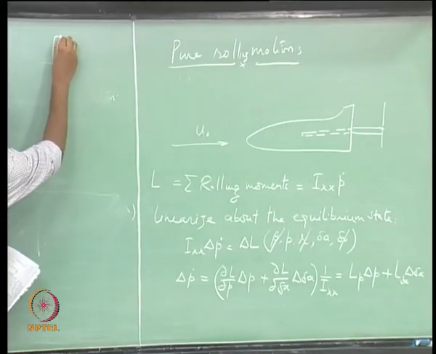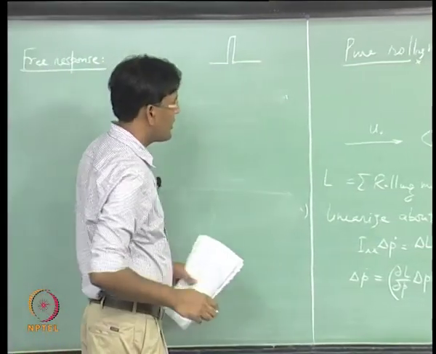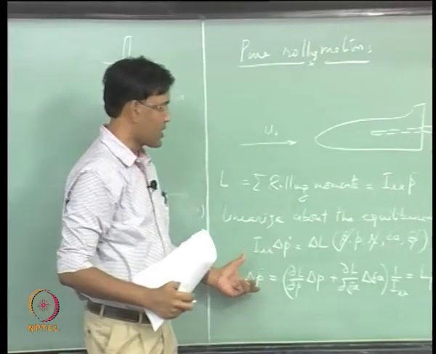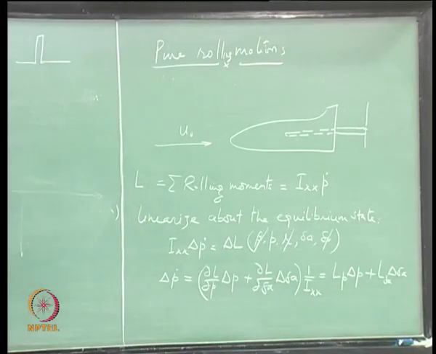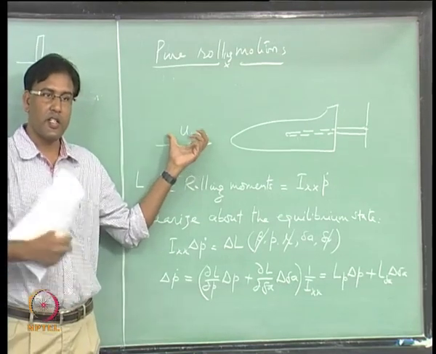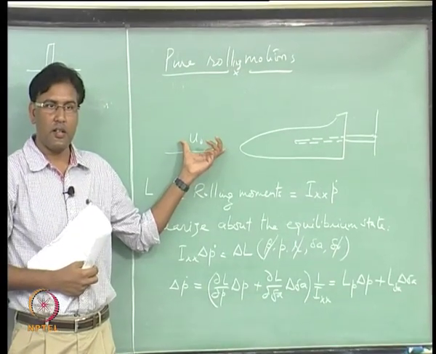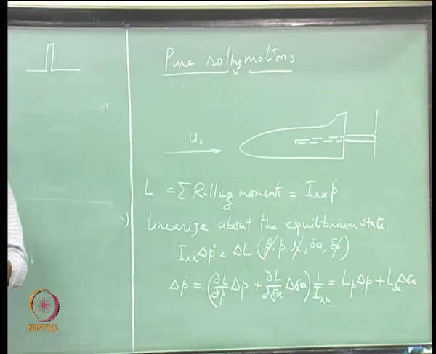So, whenever we are trying to simulate the motion around an equilibrium state, we have to either do something with the initial conditions. You can assume a perturbation in the initial condition itself and look at what is the transient in perturbed motion, right.